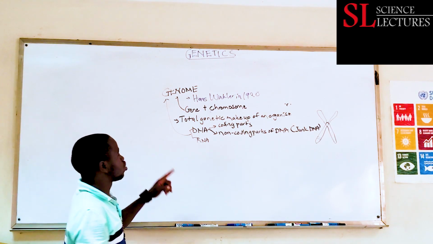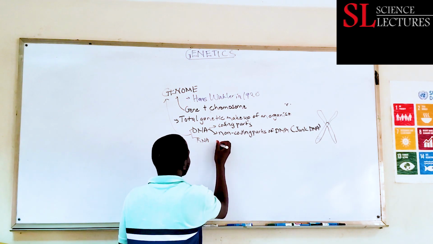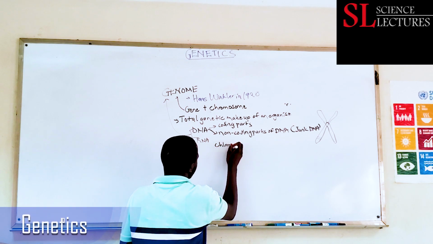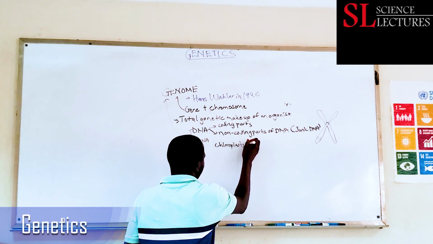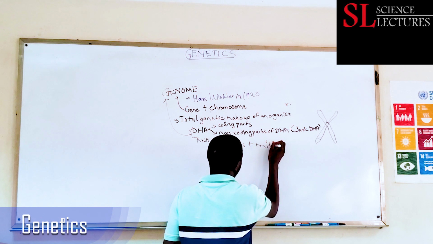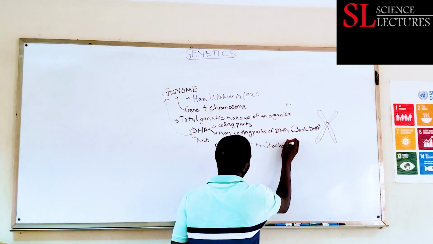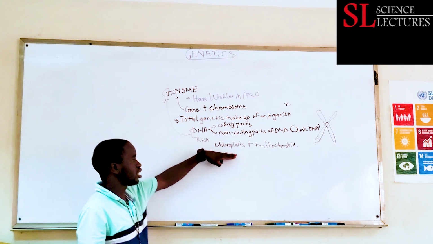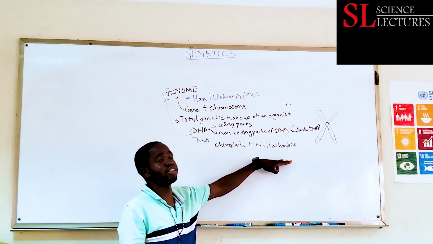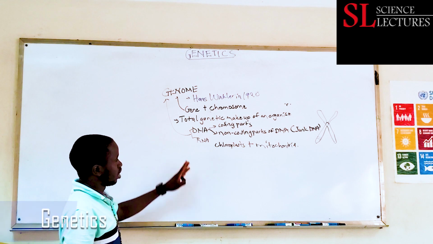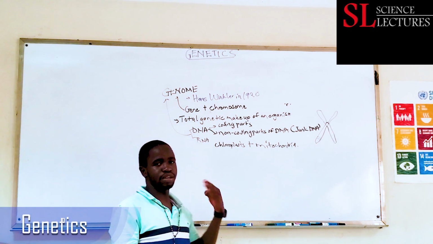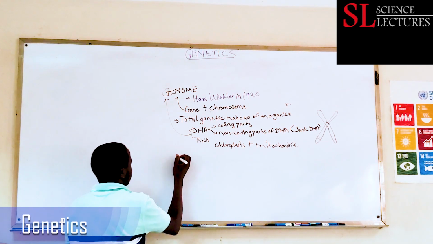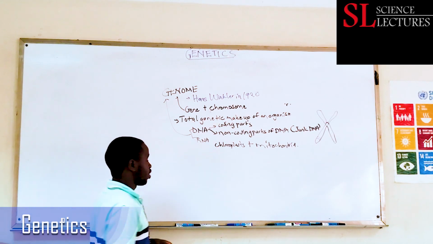On top of that, it includes the DNA that is found in things like the chloroplasts and mitochondria. For example, if I'm referring to the genome of a specific plant, I also mean the DNA that is in the chloroplast and the DNA that is in the mitochondria. Then also, this term can be used for retroviruses.